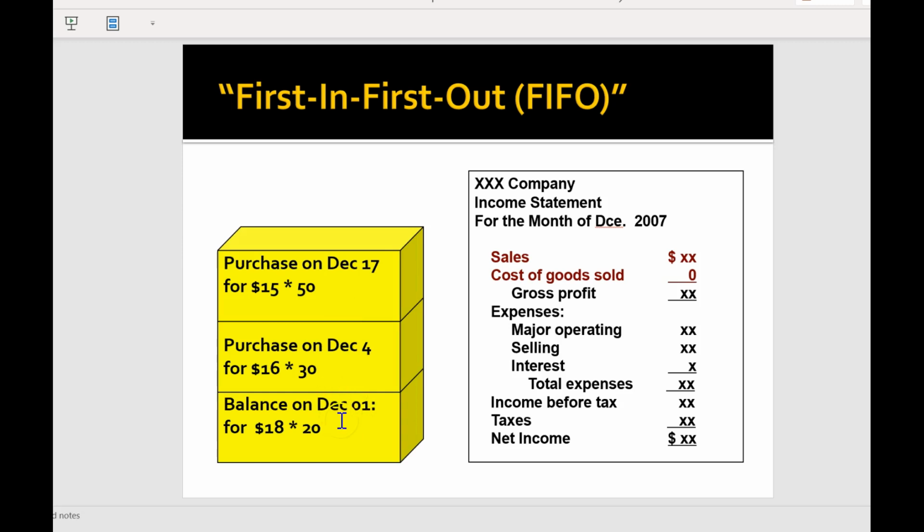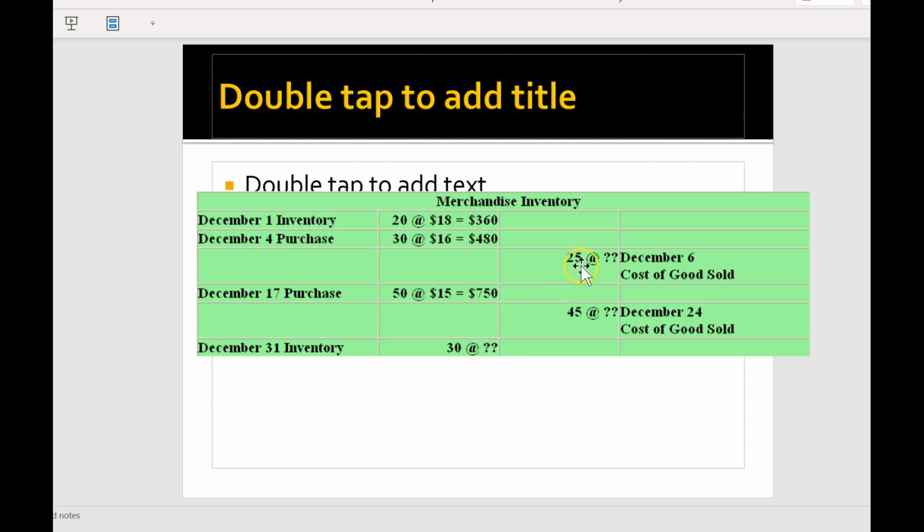So if it's a first in, first out for the 25 units that we are selling, we would go to the first pile first. We'll go to this first. It has 20 units in it, right? And $18 each. So out of 25 we are selling, we assume 20 units is coming from the first batch. Another 5 units will be coming from the second batch, which is $16 each, right?